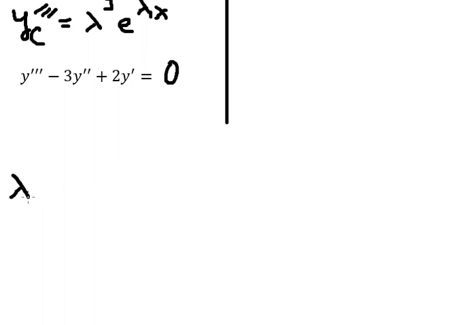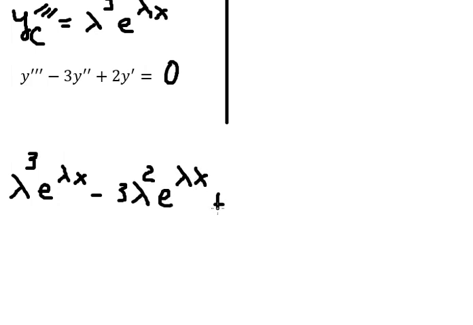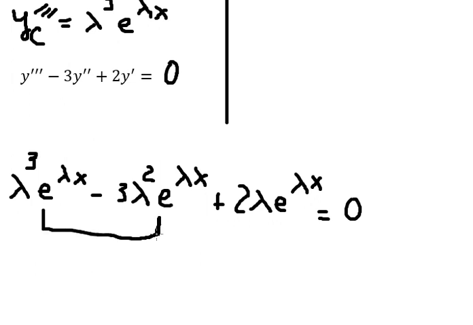So we have lambda to the power of 3 e to the power of lambda s minus number 3 lambda square e to the power of lambda s, and the last one. So we can do factorization by e to the power of lambda s.